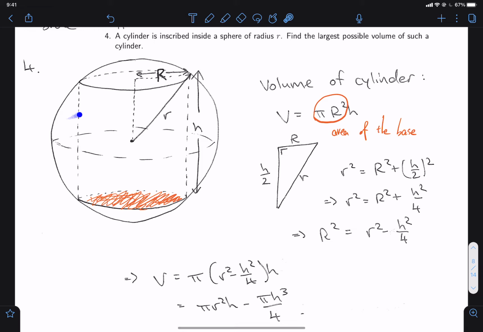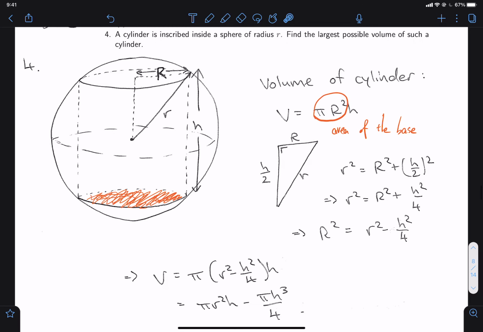Or you can make the cylinder more flat, so that you have greater radius, but at the same time it will be very short, so the height will be small. So both the variables R and h can change depending on your design, depending on your choice.